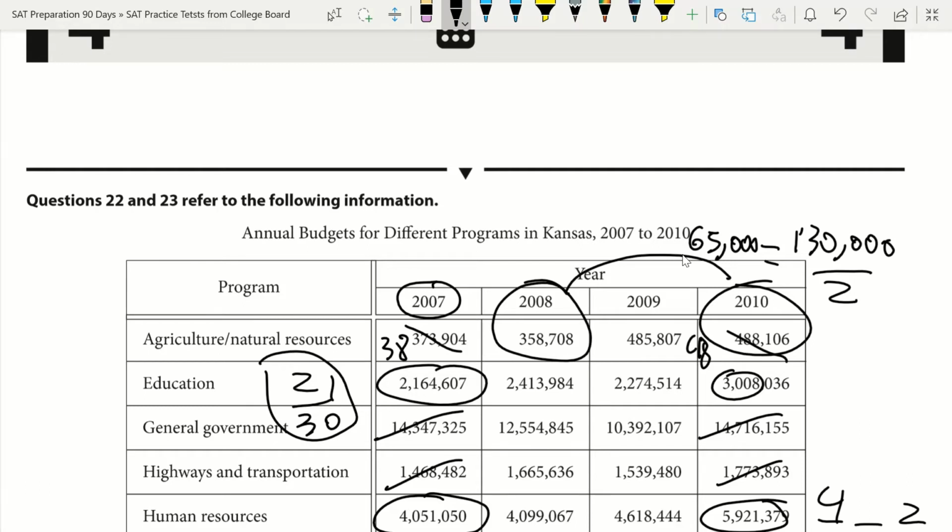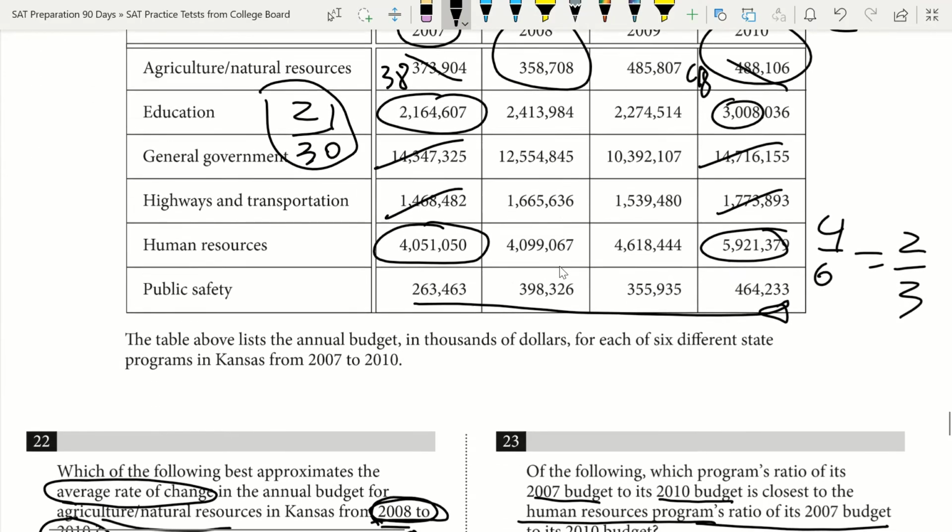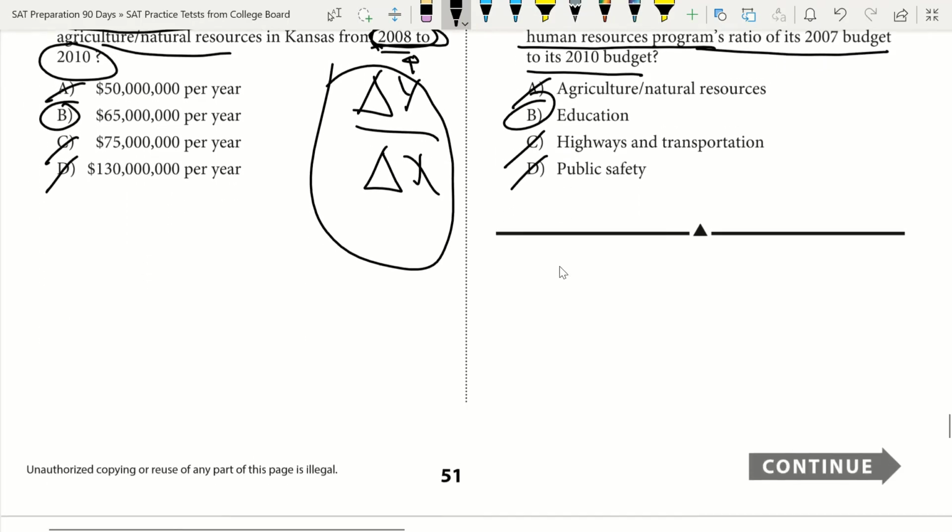You'll notice I don't use a calculator a whole lot, and that's strategic. We don't want to waste time plugging things into our calculator if we don't have to. If we're looking at our calculator to type in numbers, we're not looking at the test, and we only get points for what we answer on the test. So I'm not using a calculator a whole lot here, and that's strategic.